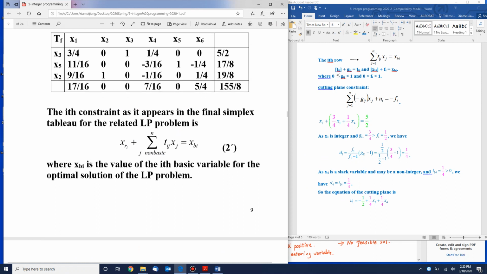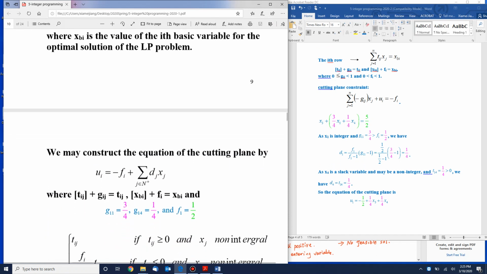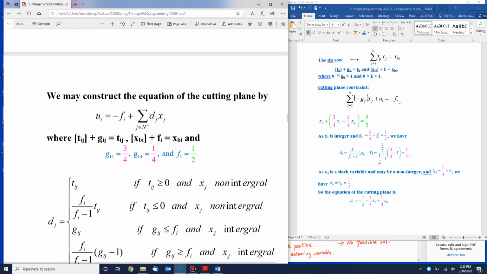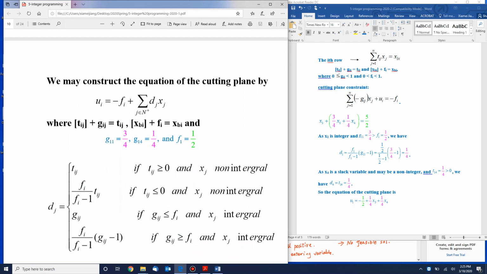Now what we do next is construct the equation of the current cutting plane by ui equals minus fi plus the sum over those non-basic variables. Here we have the largest integer less than Tij, plus the fractional part of Tij, equals Tij, the same formulas.